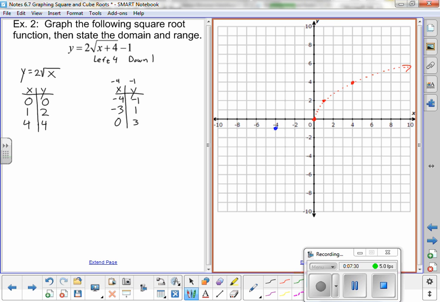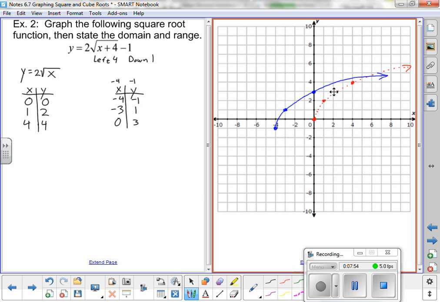And if you notice, that is left 4, down 1. Okay. This is going to move left 1, 2, 3, 4, down 1, which is at negative 3, 1, which is what the point is. Negative 3, 1. And my last one is 0, 3, which is basically that last point. And you can make that line also right there.